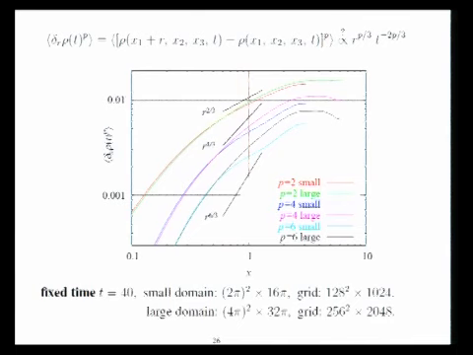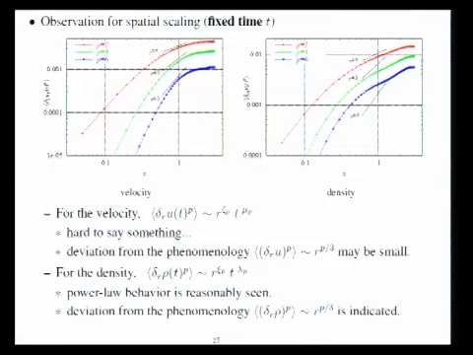So again, I showed smaller and larger domains at the same time. So it seems there are some discrepancies for fourth order and sixth order. But if you trust the larger domain, there's a scaling here, then the exponent is quite different from the dimensional analysis.